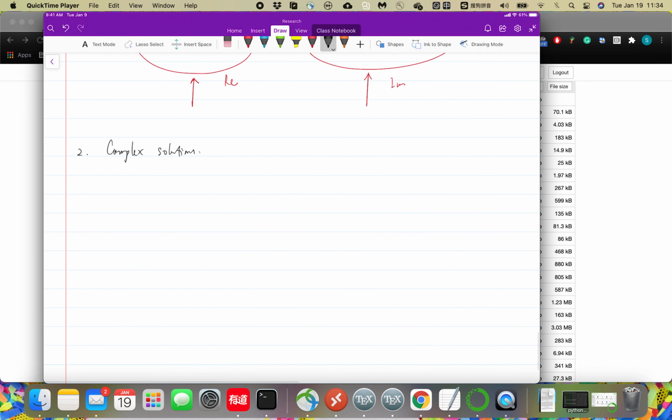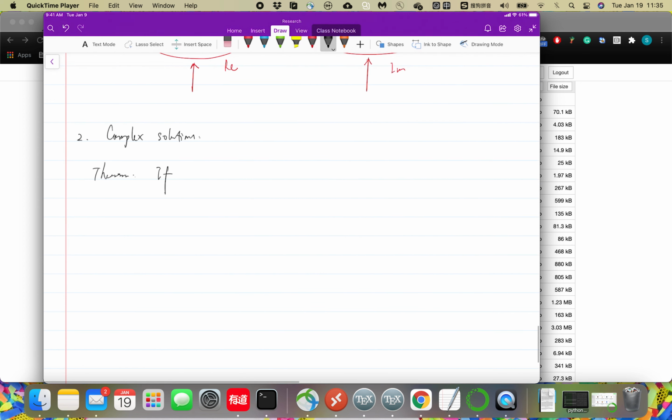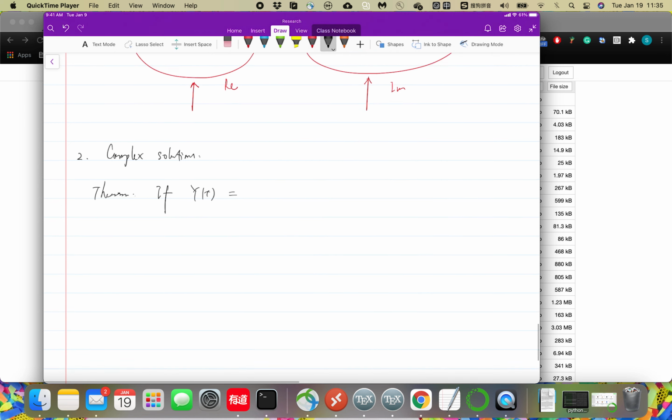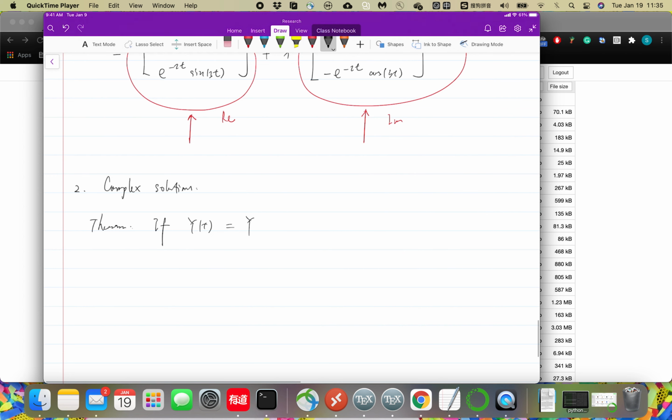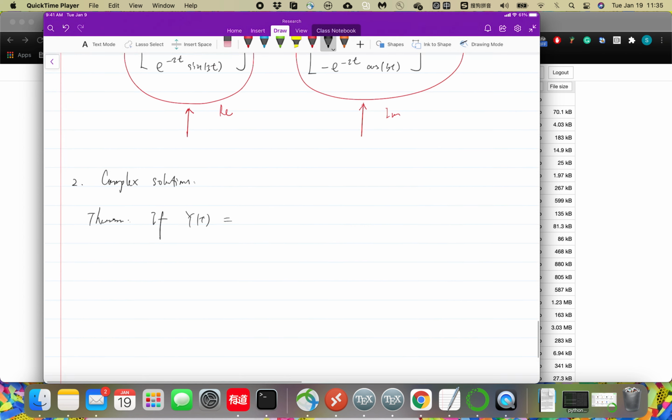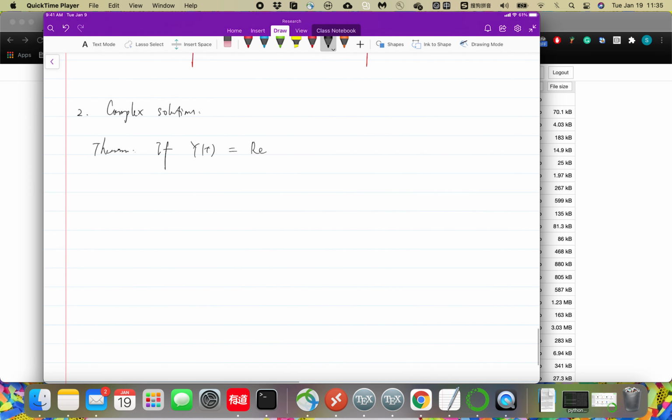Okay, here's the theorem. If y(t) is written as a complex form, like the one we just did, equals y real plus I times y imaginary. Okay.